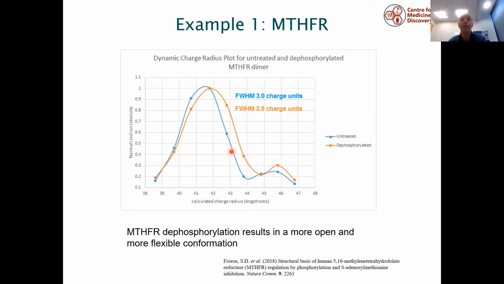And what happens is that dephosphorylation results in a more compact structure. So this has moved here. The charge state has got smaller, but also dephosphorylation gives us a more open and more flexible conformation.